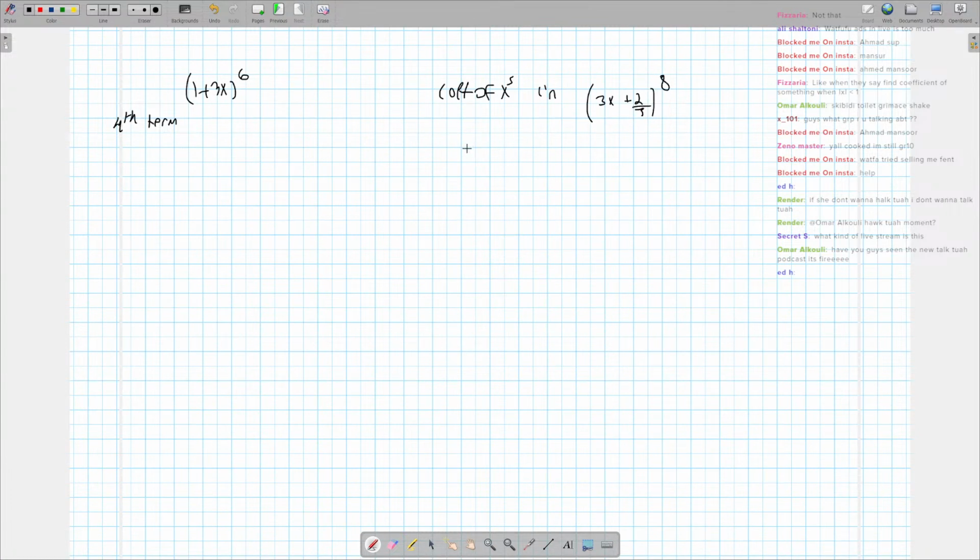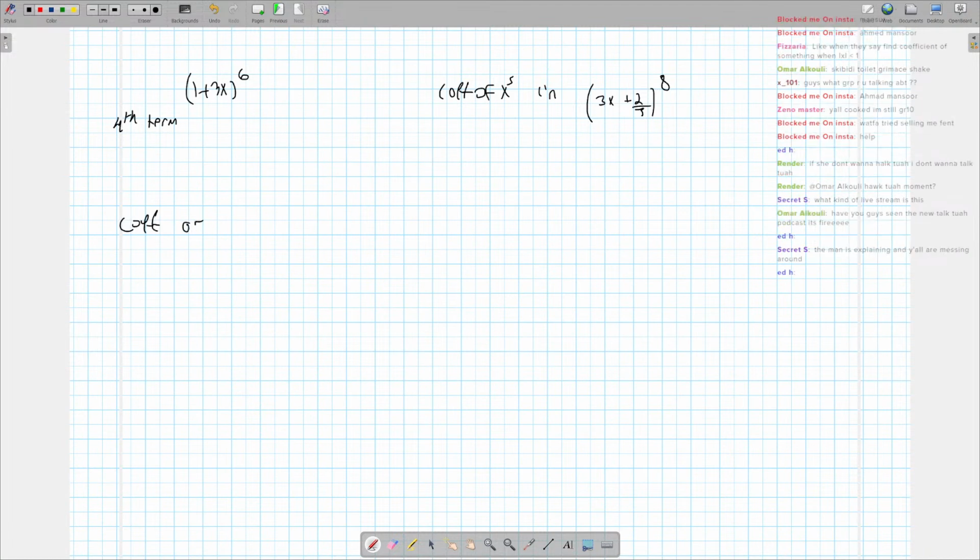They also asked for the coefficient of 1 over x squared in (x minus 2 over x) to the power of 6, and for the constant term in (5x minus 1 over 5x) to the power of 8.